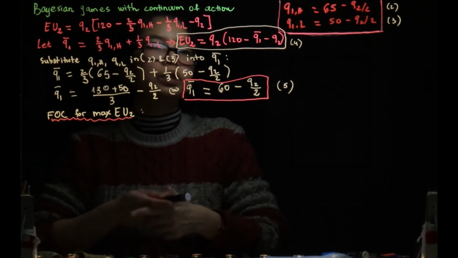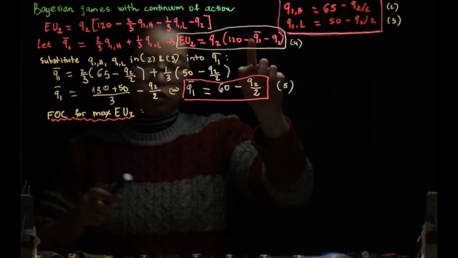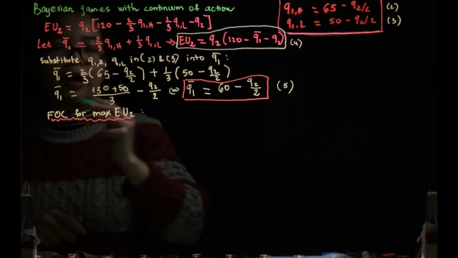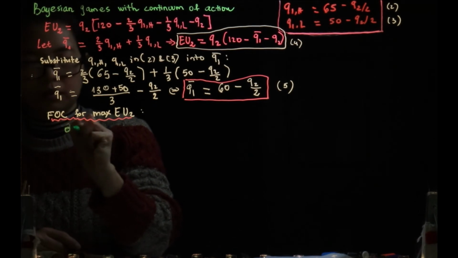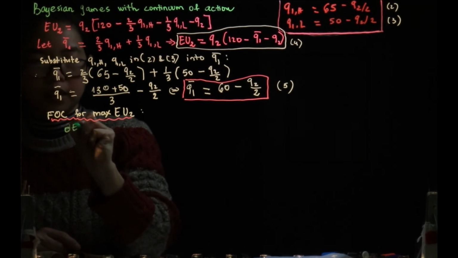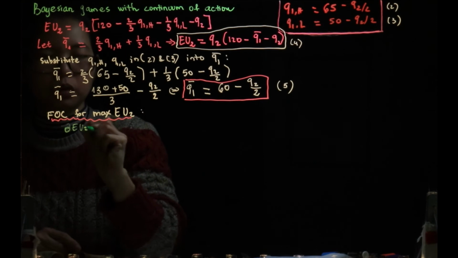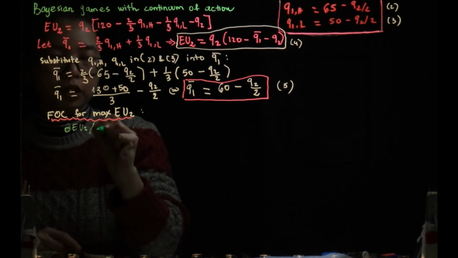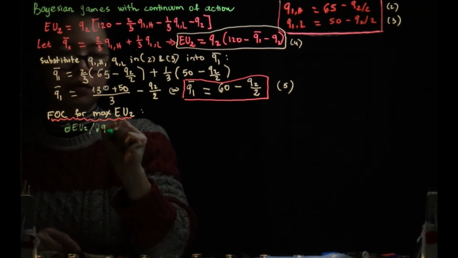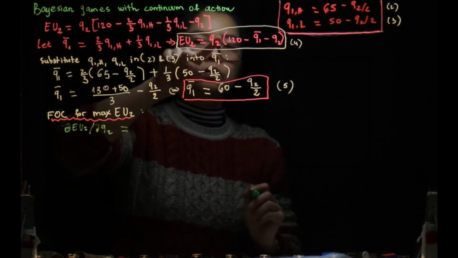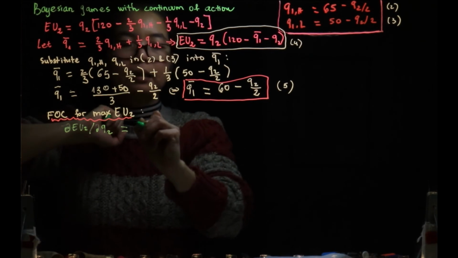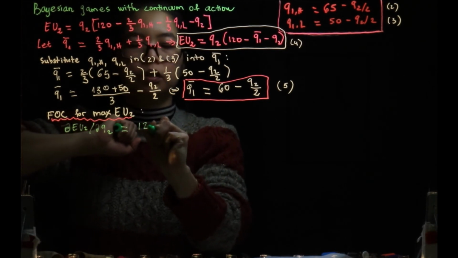So EU2 is here, the first order condition. We would have to take its derivative EU2 with respect to Q2, right? So Q2 times 120, derivative will be 120.